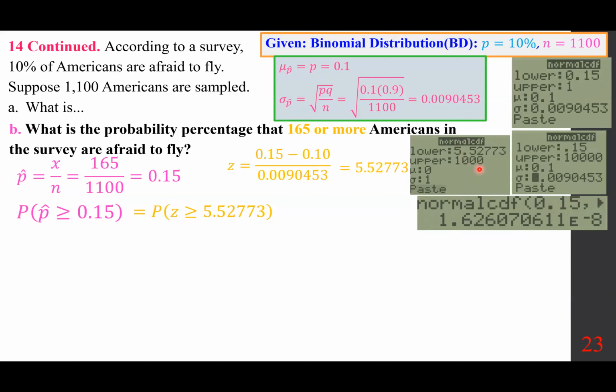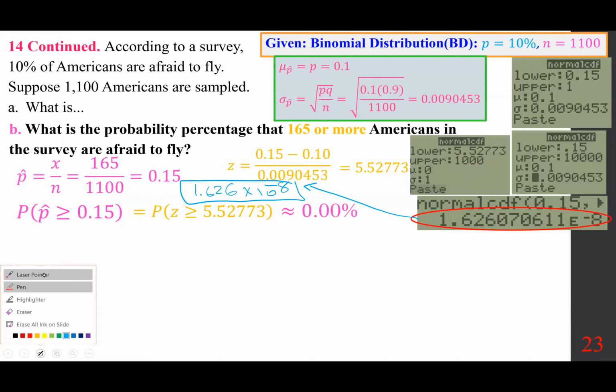And all of them will result in this answer, e to the power of minus. I want to make sure you understand what this means. This is almost zero, but if I were to write it, this means 1.626 times 10 to the power of minus 8. Which means what? If I were to write it as a decimal, this is the first one, number 1, and then I go 7 more to make it 8.